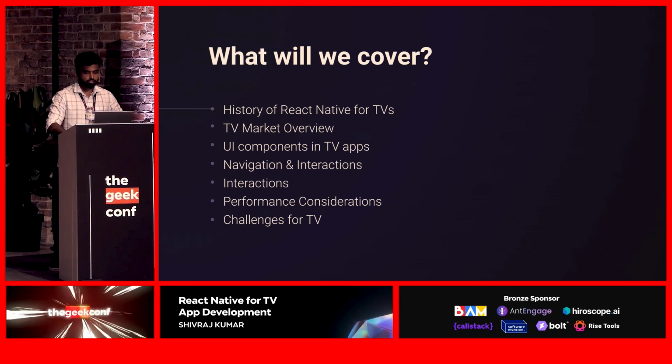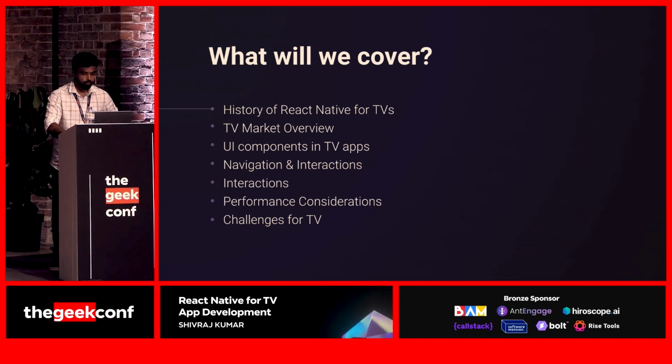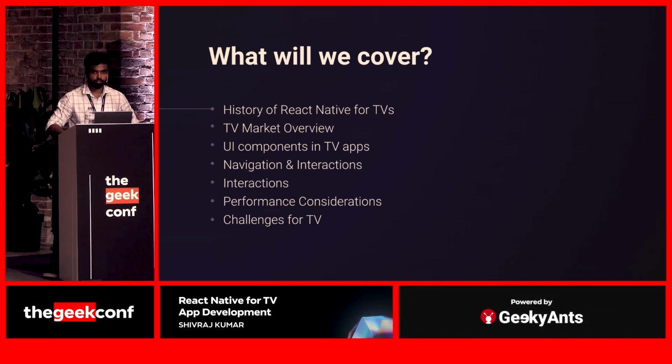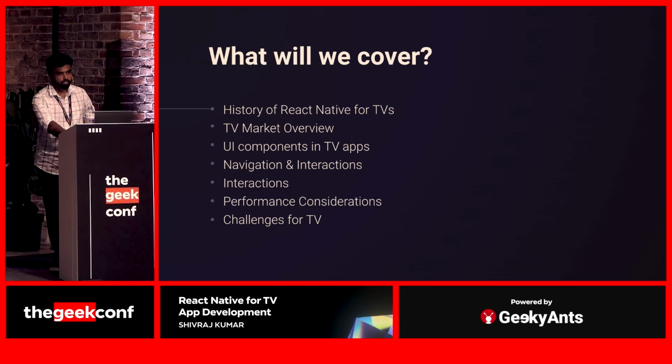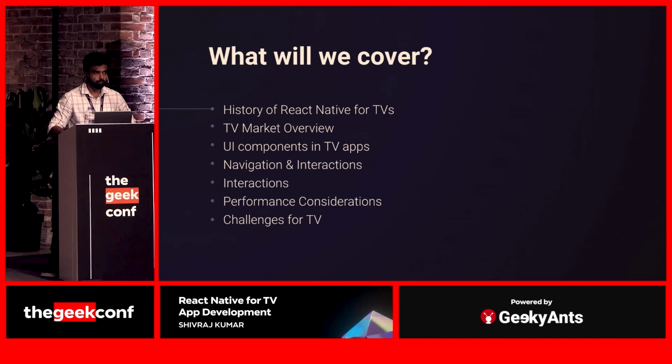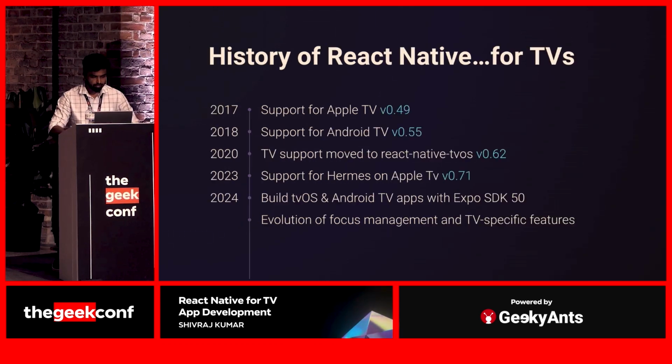Then we'll talk about some of the core components required for TV app development. We'll discuss navigation and interaction, how that works specifically for TV apps, and how it is different for web and mobile. And finally, we'll discuss some of the challenges or limitations of TV app development, and some considerations for how to optimize for that. So let's get started.